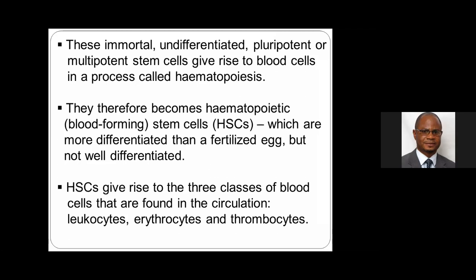And they say the hematopoietic stem cells are more differentiated than a fertilized egg, but they are not too well differentiated. They give rise to 3 types of cells that we have: the leukocytes, that is white cells, erythrocytes, red blood cells, and thrombocytes, platelets. So the hematopoietic stem cell will give you all those three.